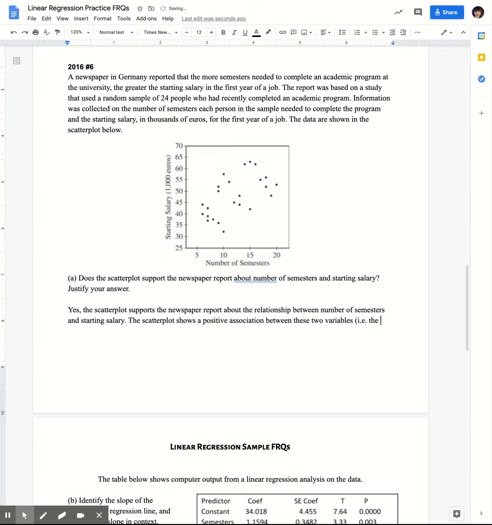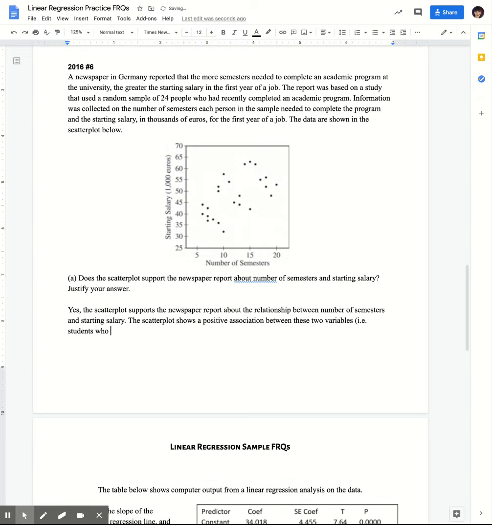I.e., the students who took more semesters had a higher starting salary on average.